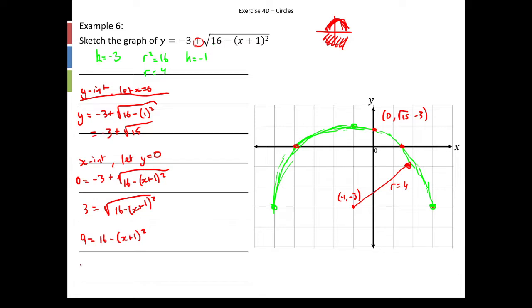We're going to get (x plus 1) all squared equals 9 minus 16, I mean 16 minus 9, which is 7. We get x plus 1 equals plus or minus the square root of 7. So we get x equals plus or minus the square root of 7, minus 1.